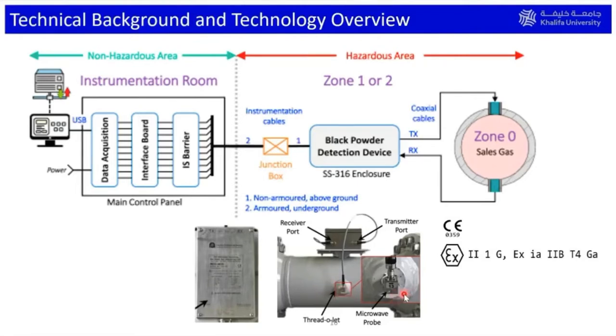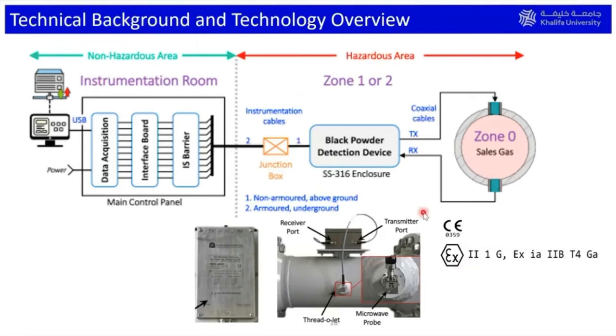Once we have sealed this, it comes out of zone 1. So this instrument is being used in zone 1, and that is how it is certified for zone 1 only. However, these probes and this shielding mechanism should be in zone 0, in a situation to avoid any calamity.